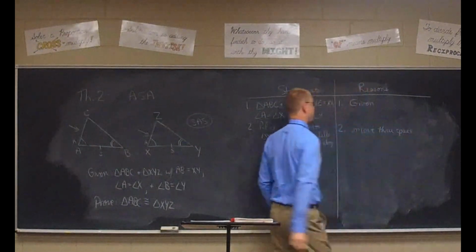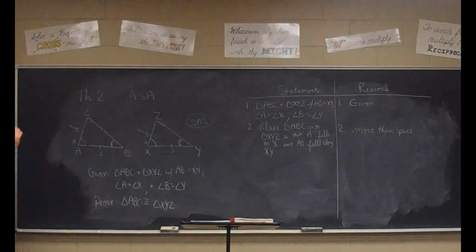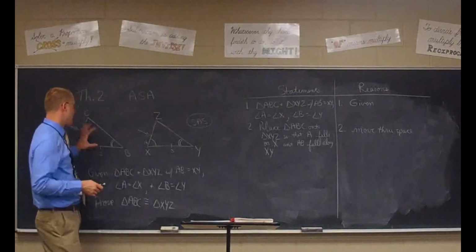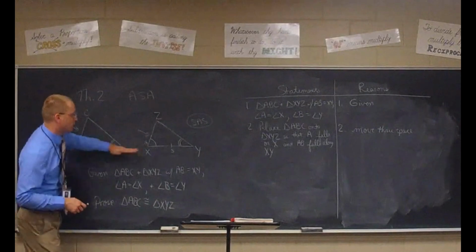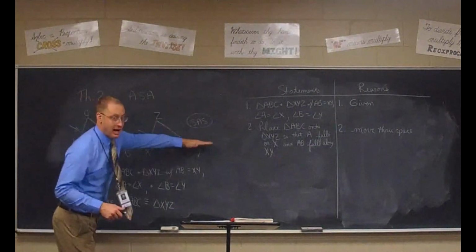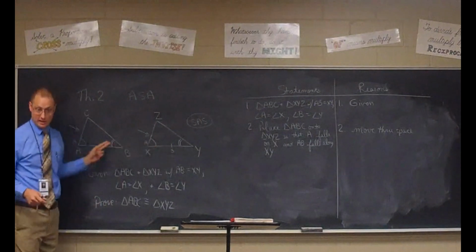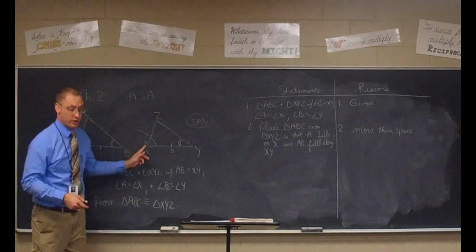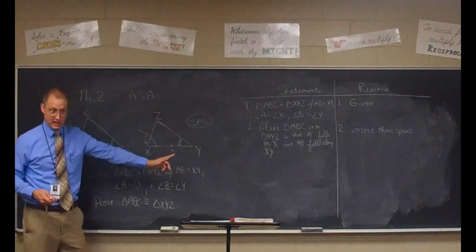And I'm just going to say move through space, because I'm too lazy to write out a geometric figure may be freely moved through space without any change in form or size. Place triangle ABC on triangle XYZ so that A falls on X and AB falls along XY. But, as Chris pointed out, these are equal line segments, correct? And therefore, if one endpoint coincides with the other, and the lines fall along each other, then the other endpoints must coincide, correct?